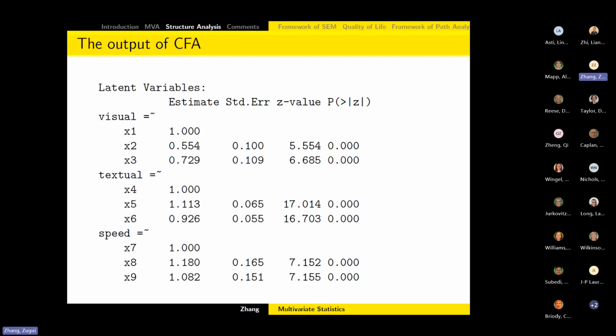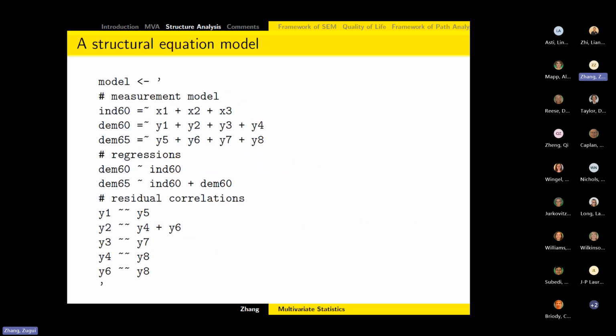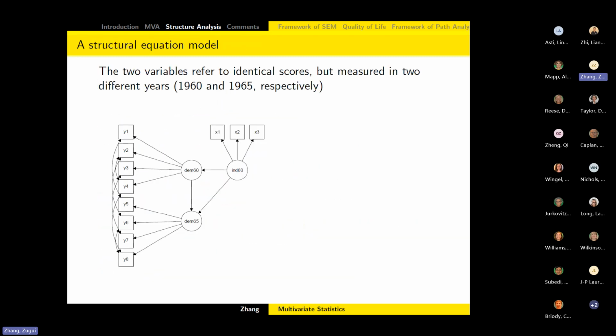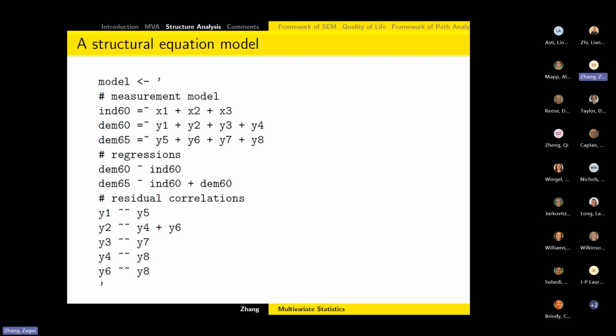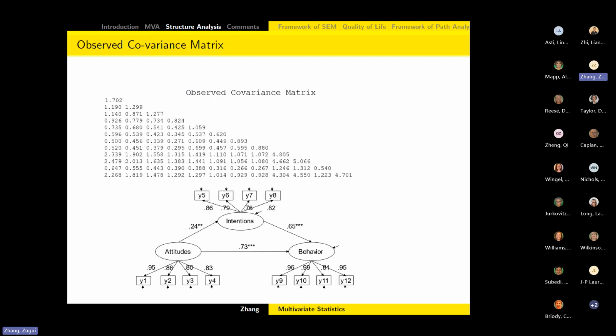This is from another example to show how we can get the covariance and correlations to show the results. The basic important thing is to figure out the structure for the model, then specify the measurement model, and then we get the observed covariance matrix.